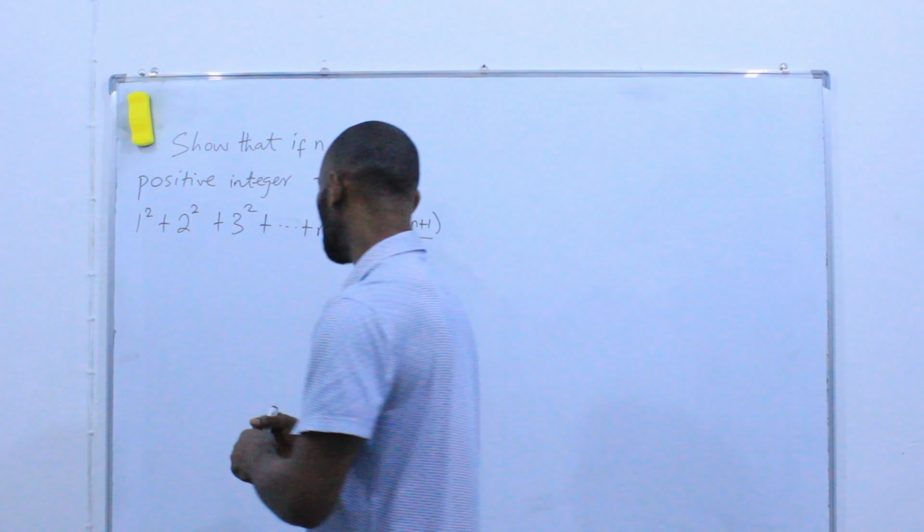Let the partial sum be this, n bracket n plus 1 bracket 2n plus 1 all over 6.